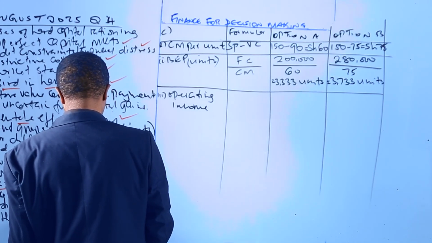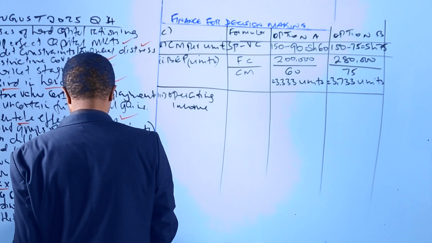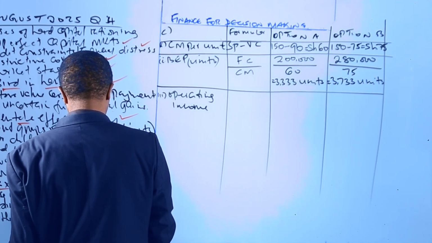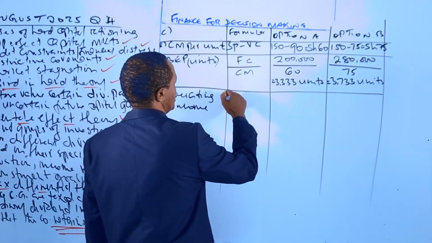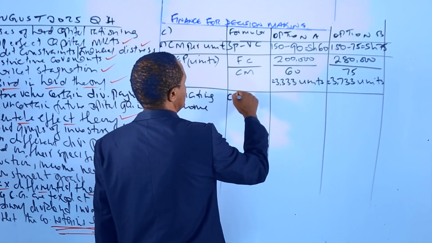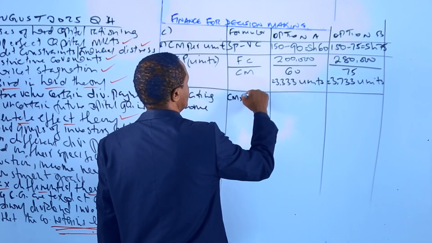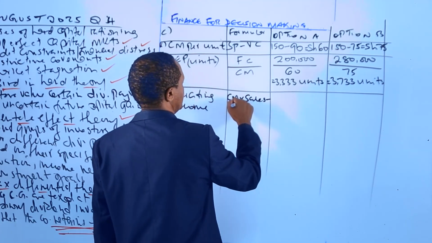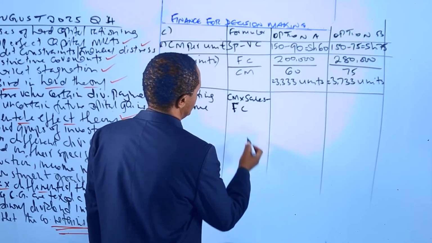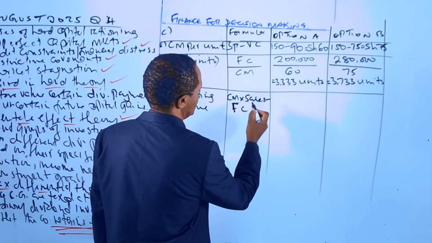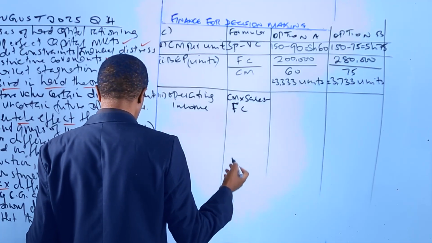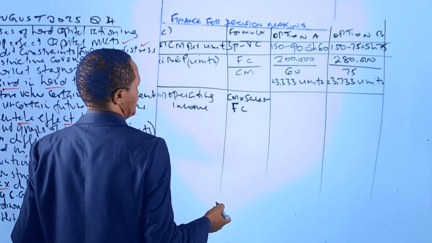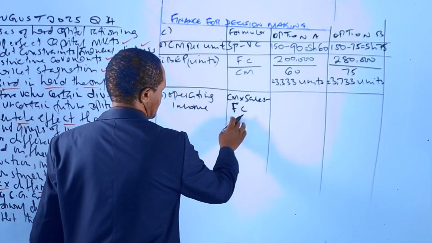We multiply the contribution margin per unit times the expected sales, then we deduct the fixed costs. The expected sales we have from the question in units.